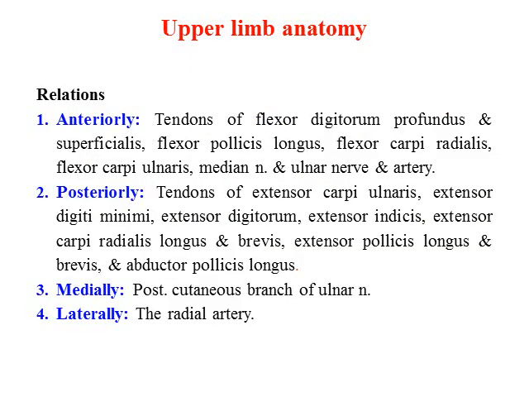Relations of wrist joint. Wrist joint is related anteriorly to the tendons of flexor digitorum profundus and superficialis, tendon of flexor pollicis longus, tendon of flexor carpi ulnaris and radialis, median nerve, ulnar artery, and ulnar nerve, while posteriorly it is related to tendons of extensor carpi ulnaris, extensor digiti minimi, extensor digitorum, extensor indicis, extensor carpi radialis longus and brevis, extensor pollicis longus and brevis, and finally abductor pollicis longus.